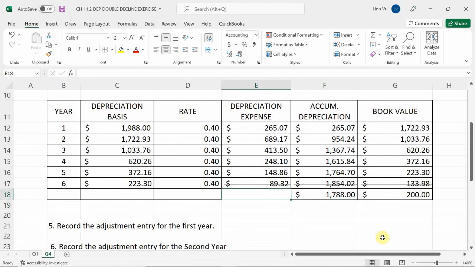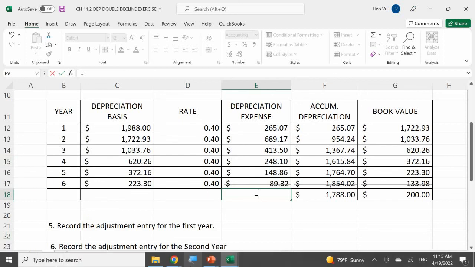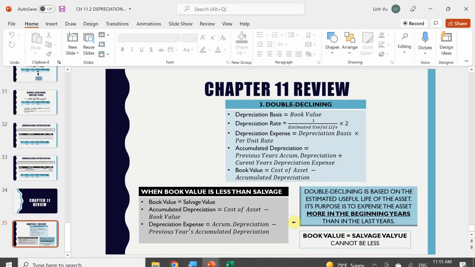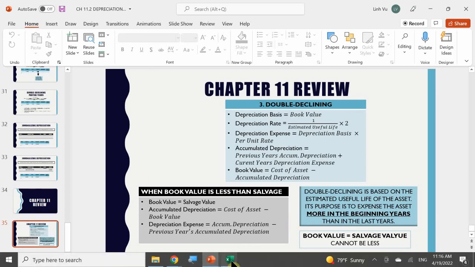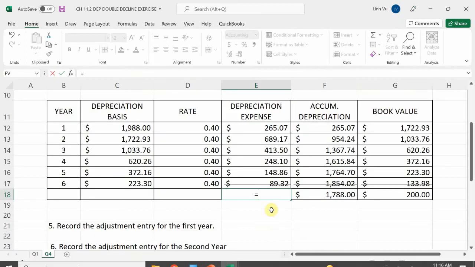So now I need to solve for my depreciation expense. So what's my formula for solving for my depreciation expense if I have to work backwards? If I know my accumulated depreciation is going to equal my previous year's plus my current year's depreciation expense, then how do I solve for my current depreciation expense?